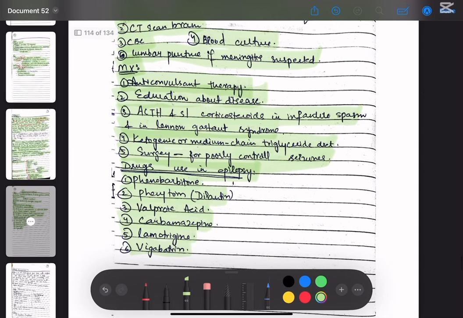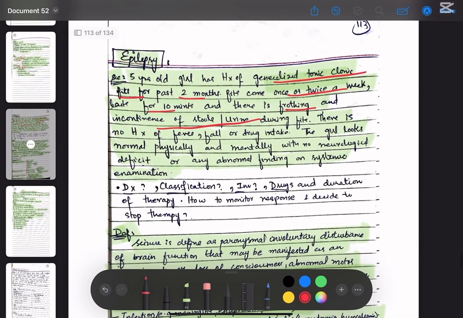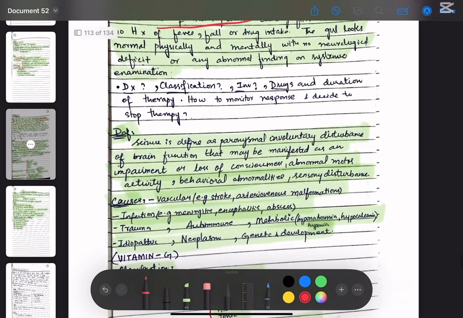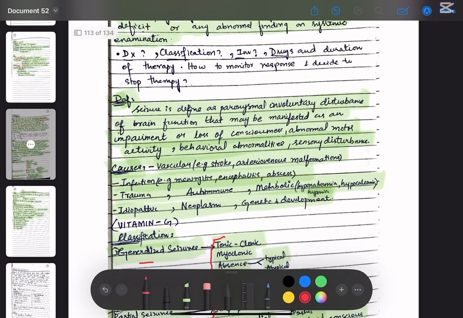So we have discussed the case of epilepsy, a patient with a history of generalized tonic-clonic fits that come once or twice a week, with frothing and incontinence of stools or urine. We discussed the definition, that a seizure is a paroxysmal involuntary disturbance of brain function that may be manifested as an impairment or loss of consciousness, abnormal motor activity, behavioral abnormalities, and sensory disturbances.